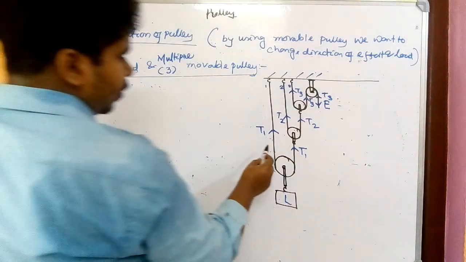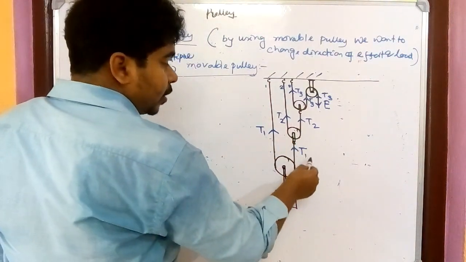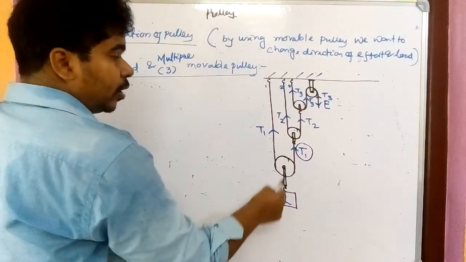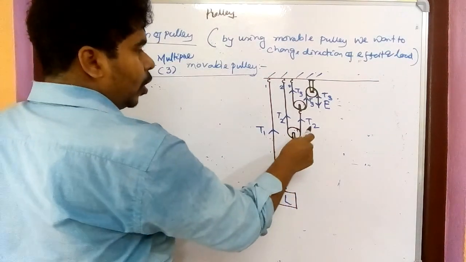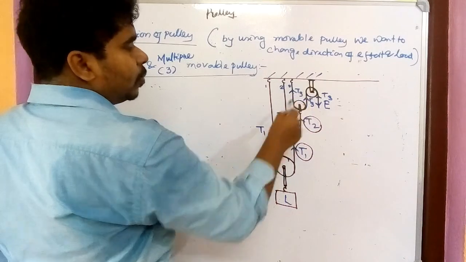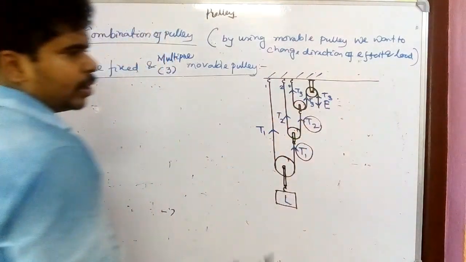So the first string's tension is acting upward, and who will supply this T1? This T1 is supplied by the tension of the second string, that is T2. Who will supply this T2? It is supplied by the tension of the third string, that is T3, and here also it is T3.